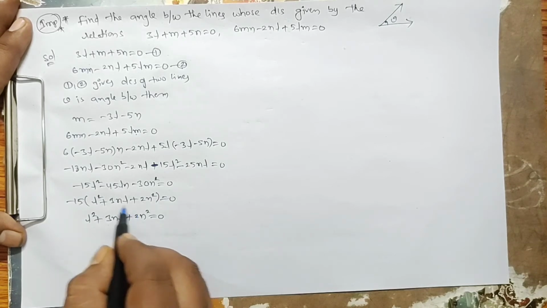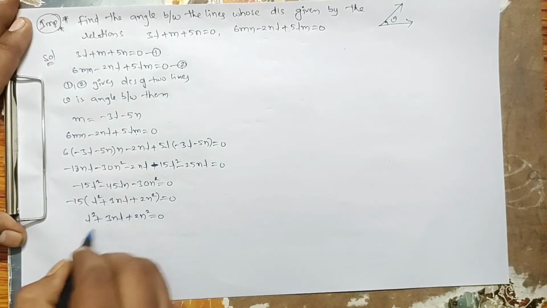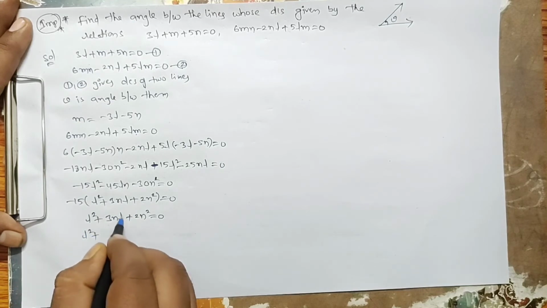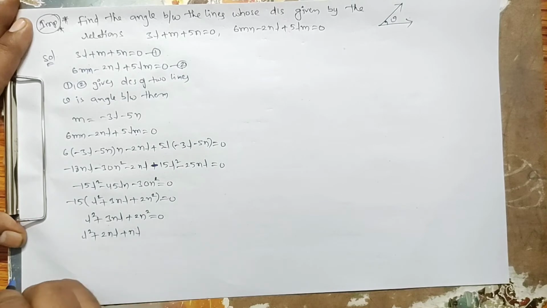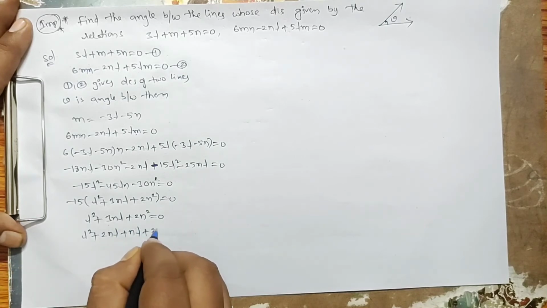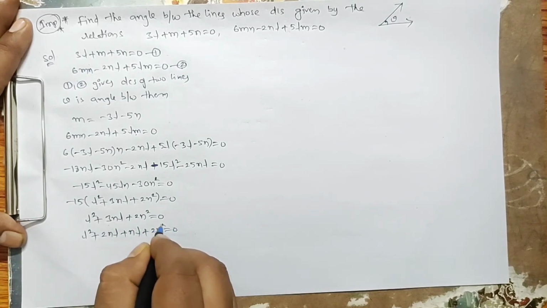Here, 2 into 1 is 2, so we can split this 3nl as 2nl plus nl, then plus 2n square is equal to 0.